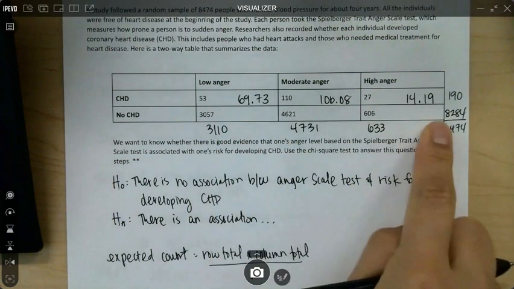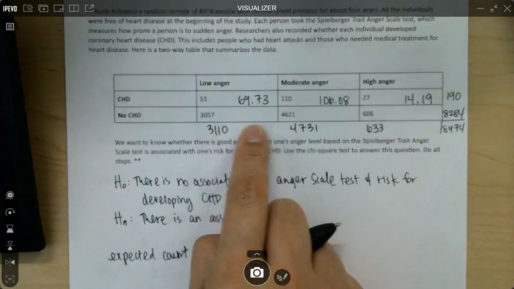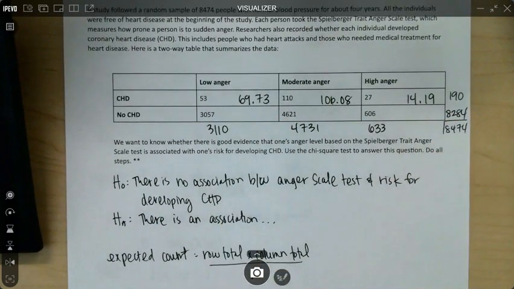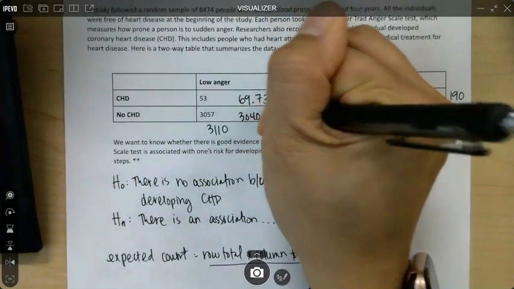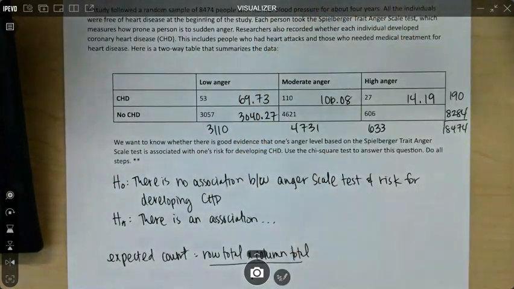And then we're going to go ahead and do the second row. So it's going to be 8284 times 3110 divided by 8474. So that's going to be 3040.27. 8284 times 4731 divided by 8474.